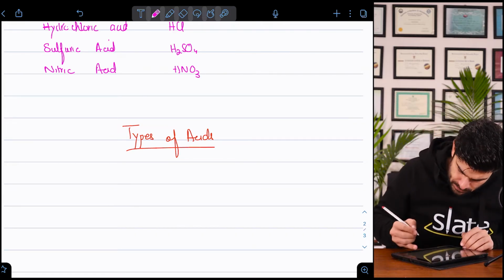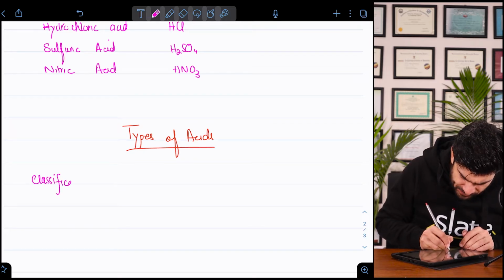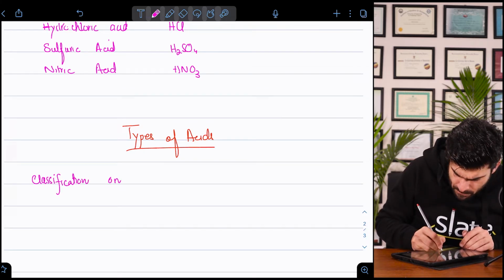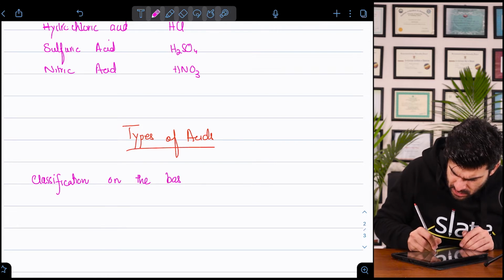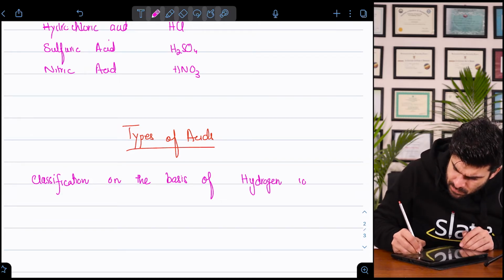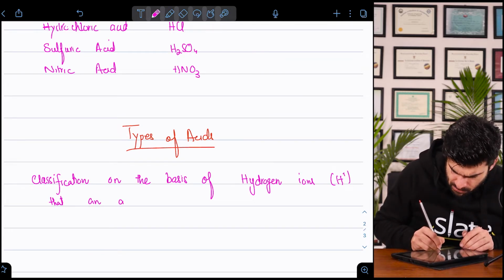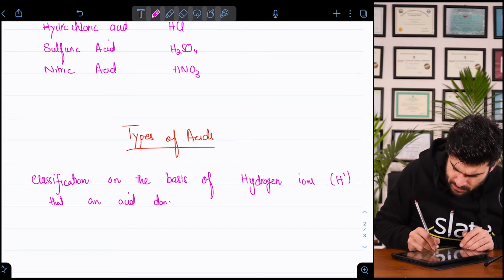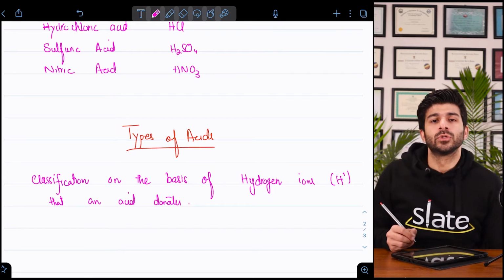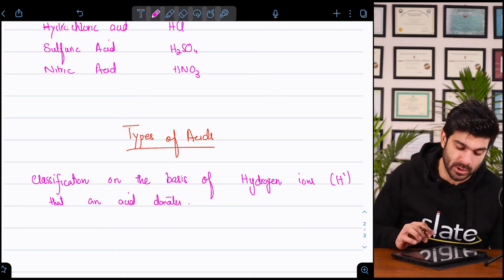For instance, classification on the basis of hydrogen ions that an acid donates. So we are going to classify acids on the basis of the hydrogen ions that it donates in water.